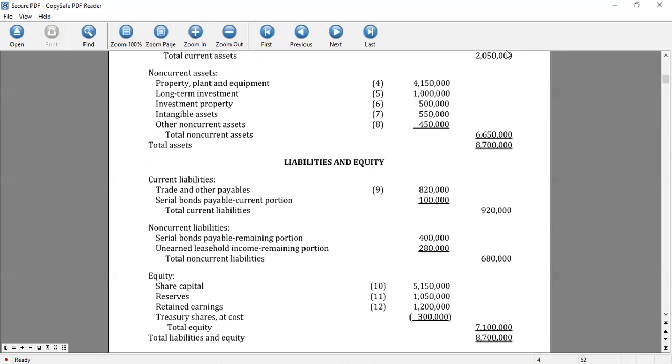So the portion that will be due beyond 1 year is 280,000. That's 70,000 per year times 4.